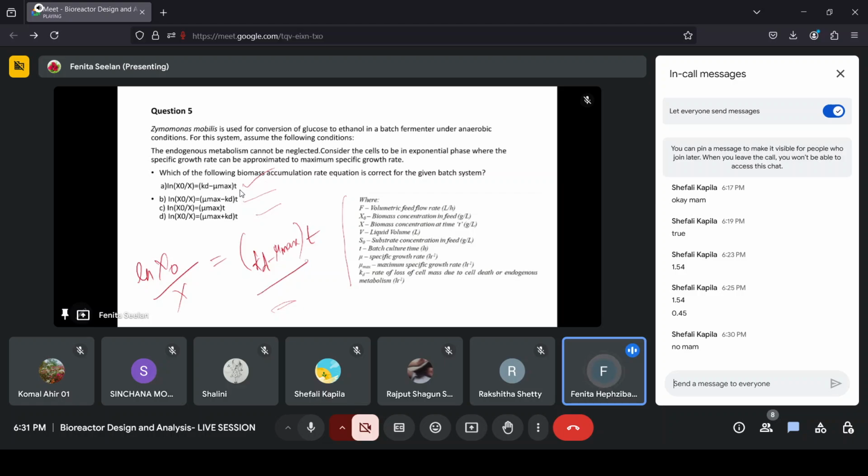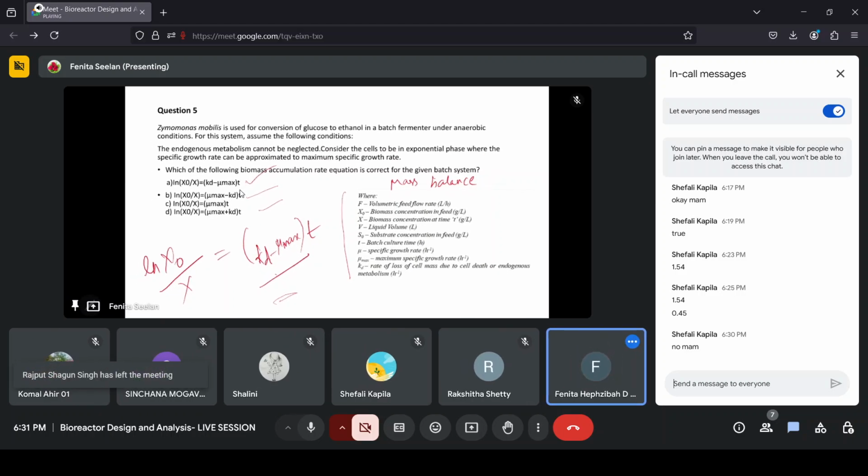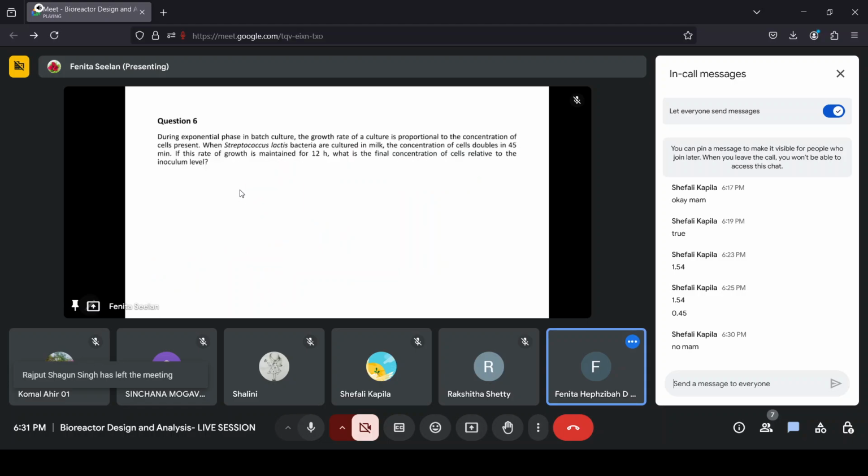This kd minus mu max came from the mass balance. We will be doing it in the next few slides. At that time I'll explain about the endogenous metabolism, how it is getting balanced out, and why the sign is negative there. Okay. So I think that question comes in the next two slides.